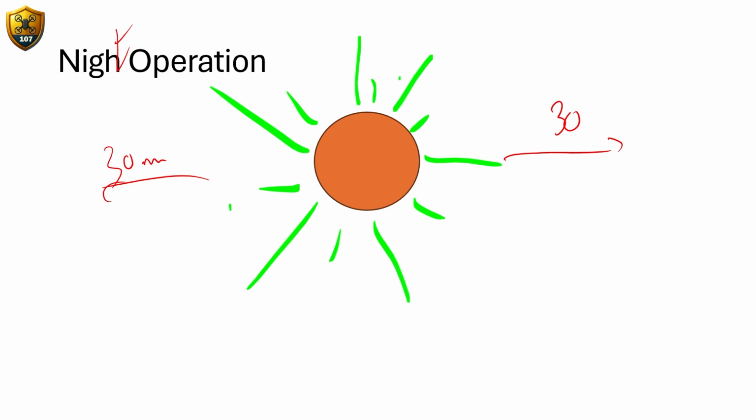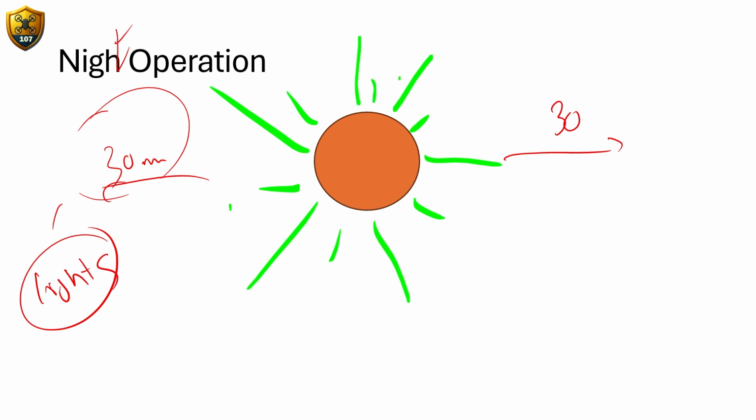So say that you operate the drone 30 minutes before the sunrise or 30 minutes after the sunset, then your drone must be equipped with something called the anti-collision lights, right? So your drone should have the lights. Those are the anti-collision lights, and they must be visible for at least 3 statute miles, right?